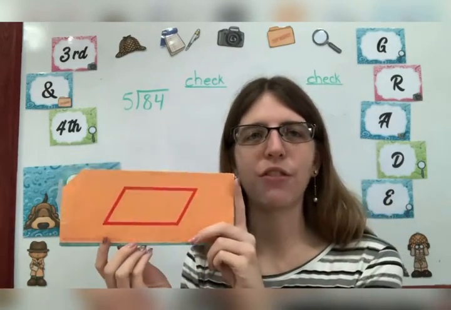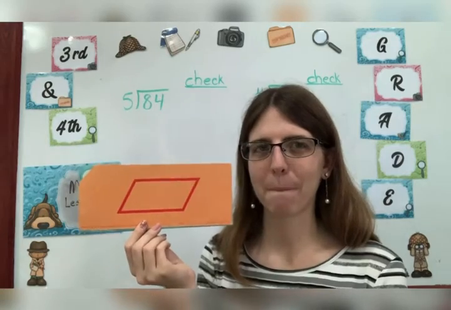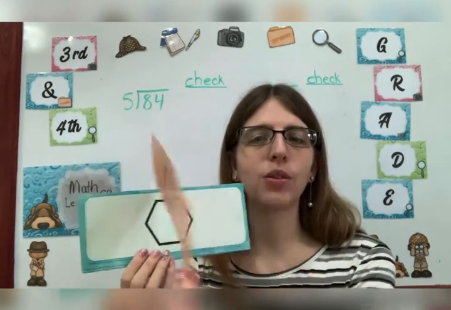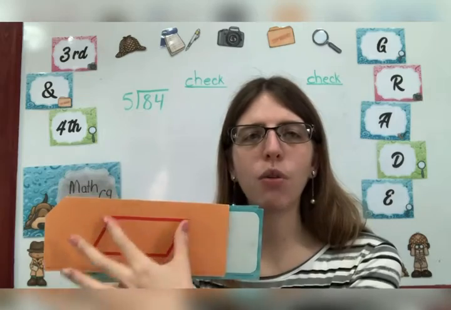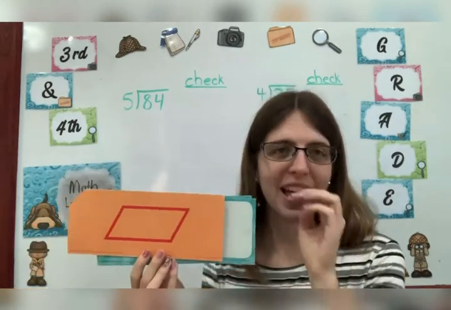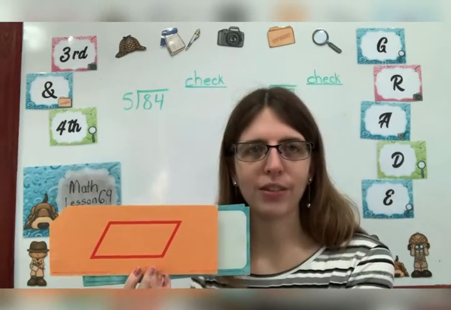Okay, this is a 4-sided shape. Any 4-sided shape. Quadrilateral. You can also call this one a parallelogram because each pair of sides is parallel, so it's a parallelogram.